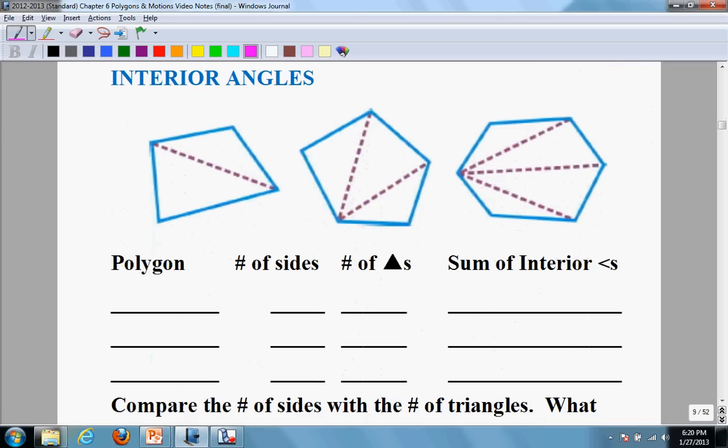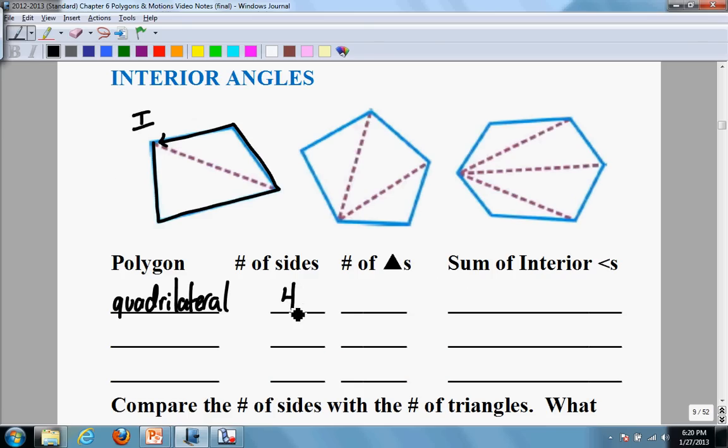So here, we're going to see a pattern. In this first polygon, we're going to count. We have 1, trace with me, 2, 3, 4 sides. So our first polygon is a quadrilateral.